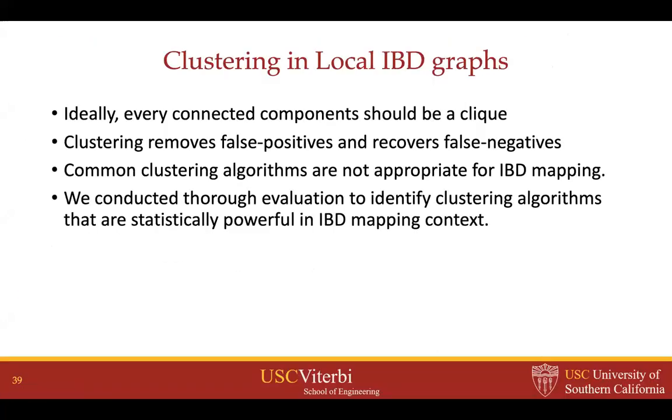So the next step, as Jose Luis talked about before, after extracting IBD out of the data set, is to create local IBD graphs by windowing the genome into small sections.